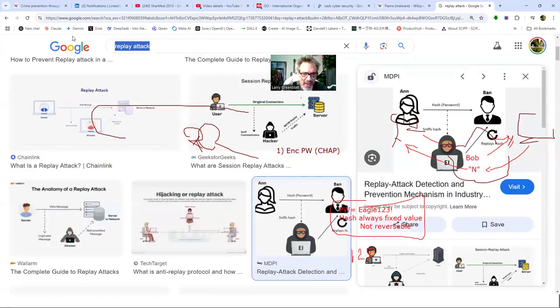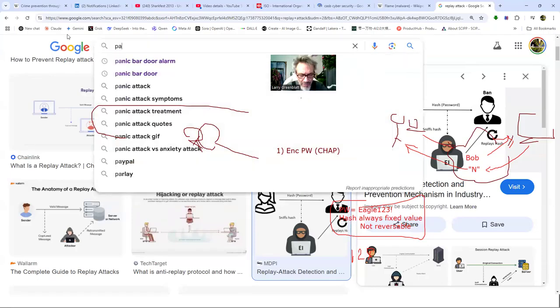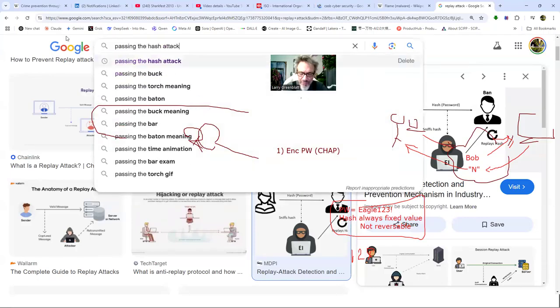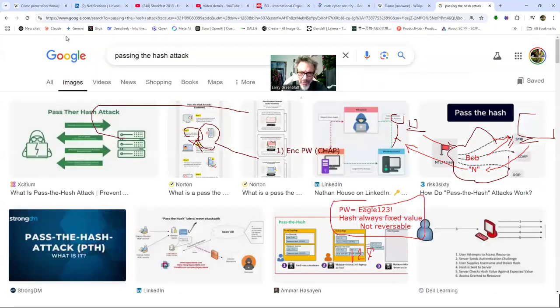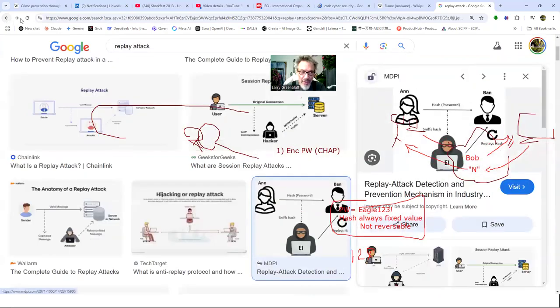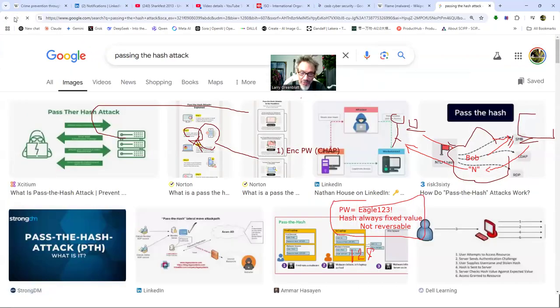It's also known as, in some restaurants, passing the hash. Couldn't that also be known as a replay attack? Yeah, they're both the same thing. I just said that. Replay attack, passing the hash. In the Denny's, they call it passing the hash. But if you're at TGI Fridays, it's called replay.